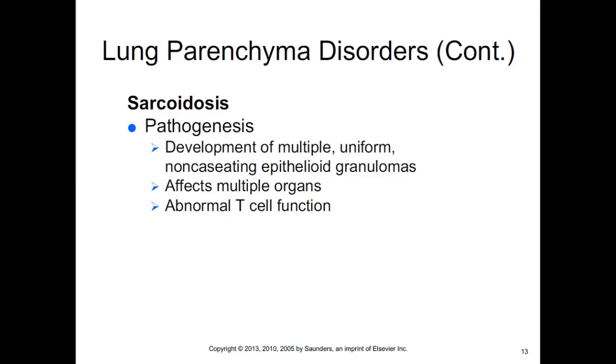Development of multiple, uniform, non-caseating epithelioid granulomas affecting multiple organs and abnormal T cell function. All right, the pathogenesis of sarcoidosis involves these epithelioid granulomas, right? Affecting multiple organs, non-caseating form, and has an abnormal T cell function.